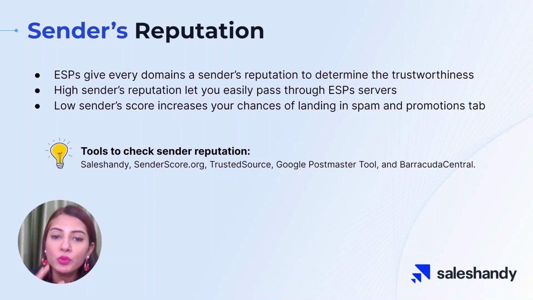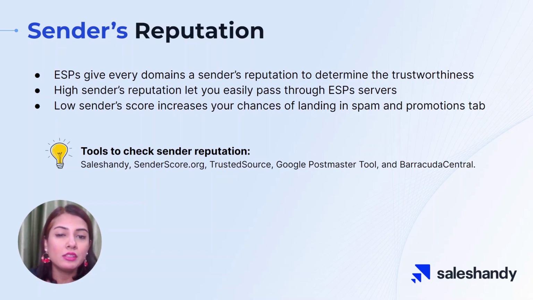If you have a higher score, it means ESPs are far more likely to allow your emails to pass through their servers without any hassles, which means you will land in the primary inbox of recipients. If you have a lower score, it does not necessarily mean your emails will be flagged as spam. However, with a lower score, you increase your chances of landing in the spam, junk, or promotions folder.